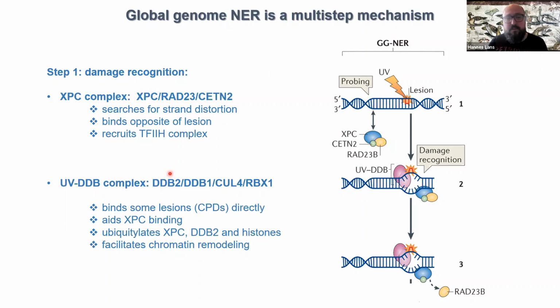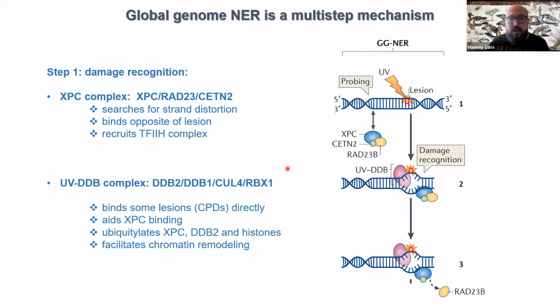Like CPDs, which do not distort the double helix very much, such that XPC cannot easily recognize them. But by binding to CPDs, this UV-DDB complex also flips out the damage and creates a more suitable substrate for XPC to bind there. So the UV-DDB complex helps XPC find damage.